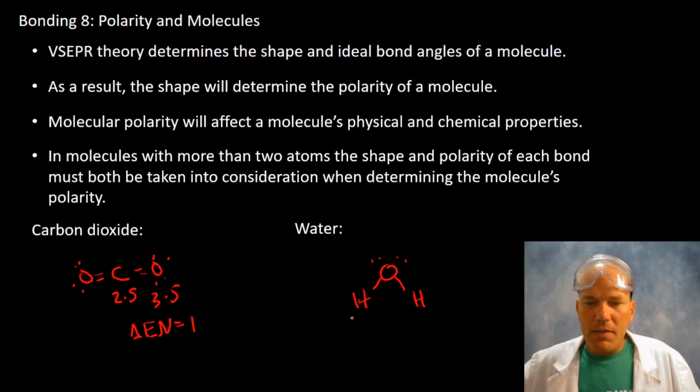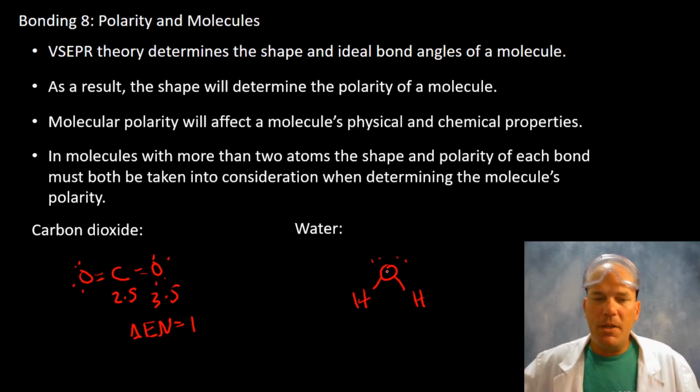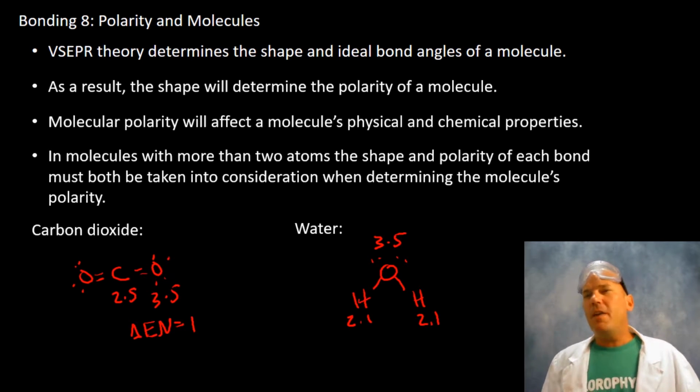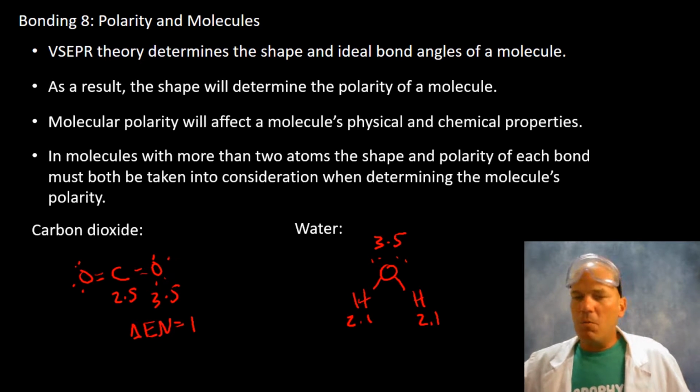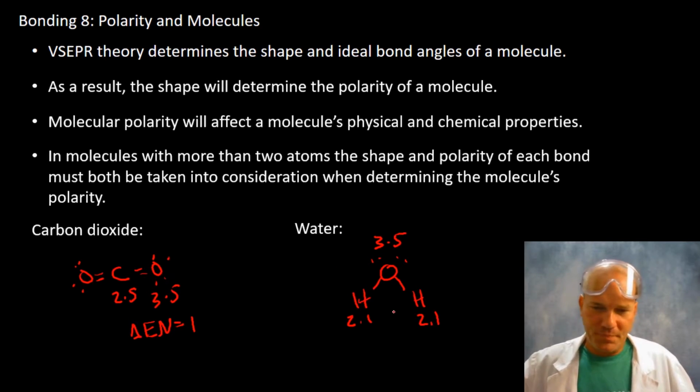So in this case here, we have our hydrogens coming in at a 2.1, 2.1. We have a 3.5 here, and we have an asymmetrical molecule. What we're going to end up with is a slightly positive region and a slightly negative region here.